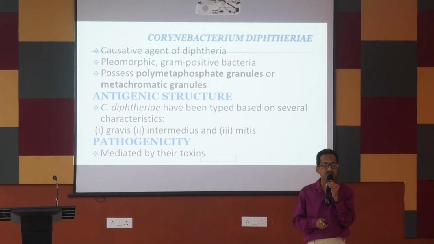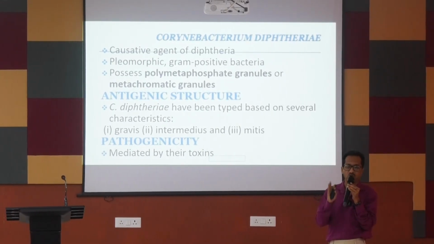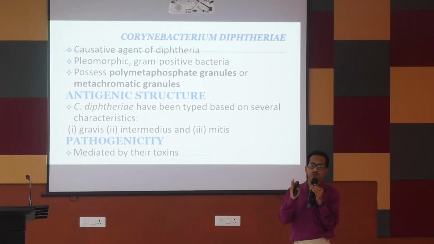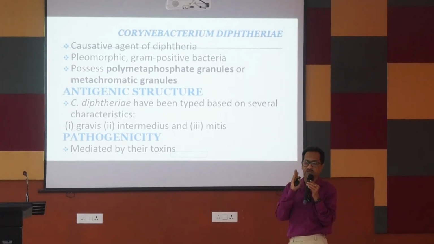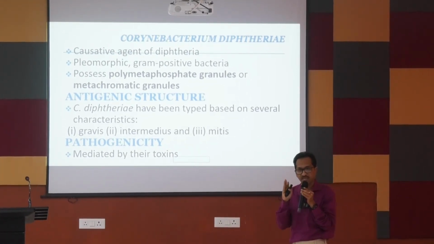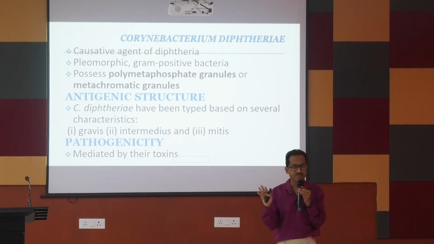Their pathogenicity is due to toxin, not due to bacteremia. Remember, all the disease produced by respiratory diphtheria is due to the toxin, not due to the bacteria itself. So there is no bacteremia.